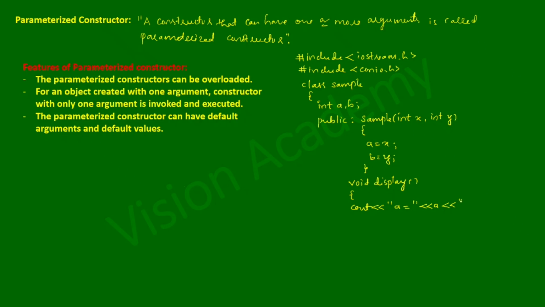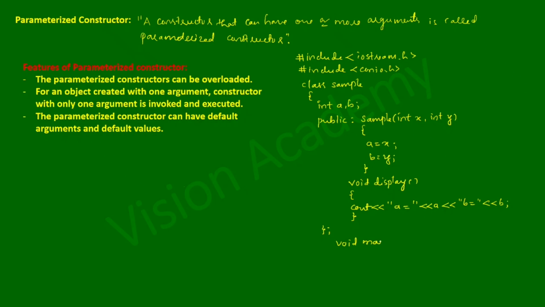Then in a double quotation mark, I'll write b is equal to, and b value will be printed over here. Next curly closing brace, and this curly closing brace is for the termination point of the class definition, and it must be terminated by semicolon. Now we are going to create the main function.